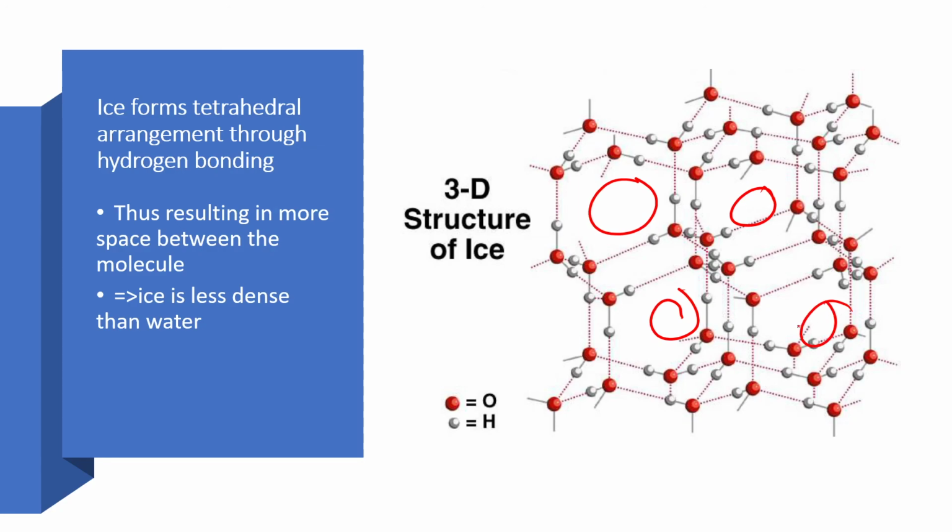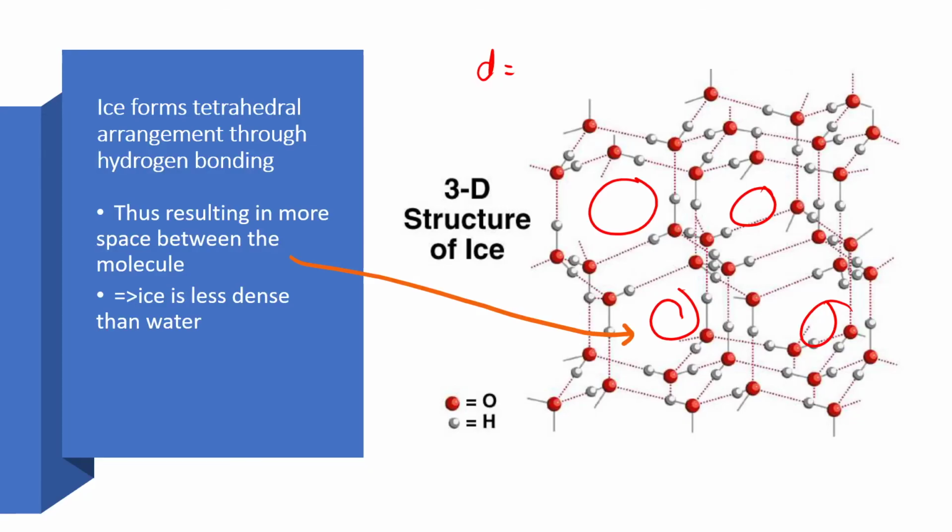Alright, and kalau you remember, density is dia punya mass over volume kan. So kalau volume dia banyak, so it is having a lower density. So this is a tetrahedral punya shape where it creates a lot of empty spaces.